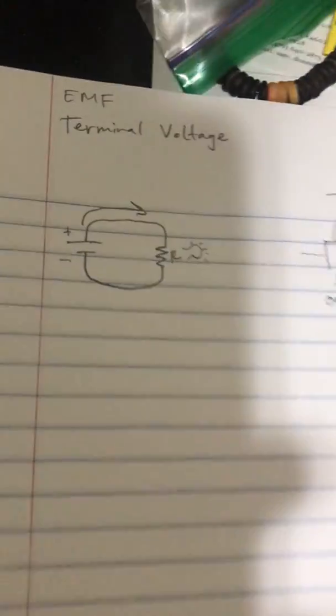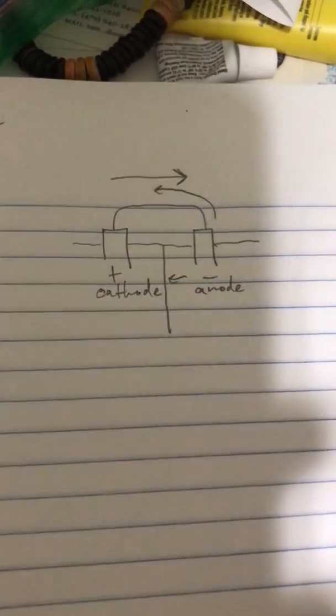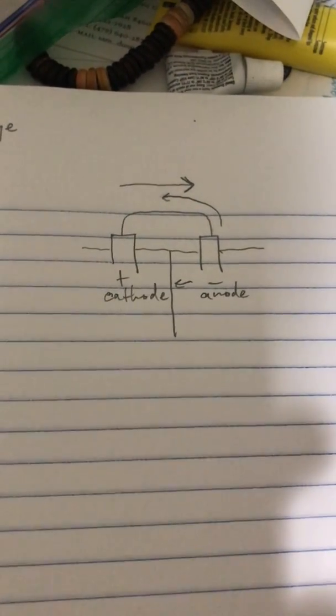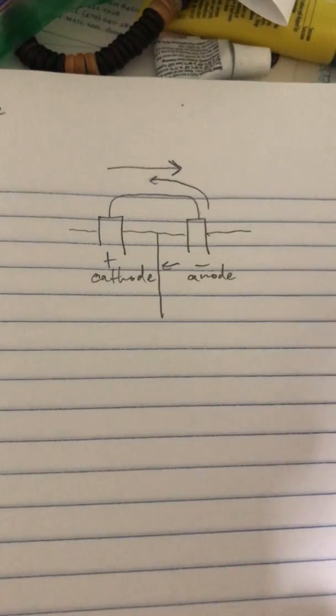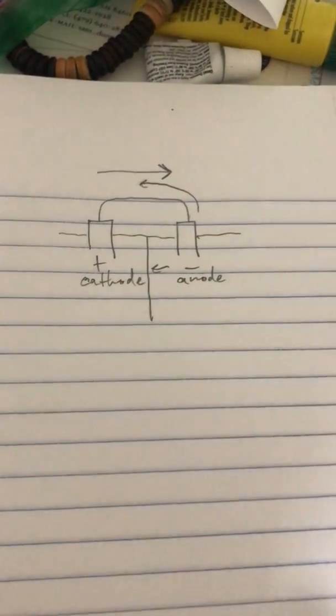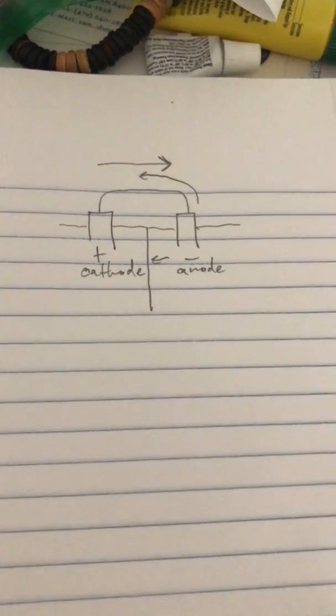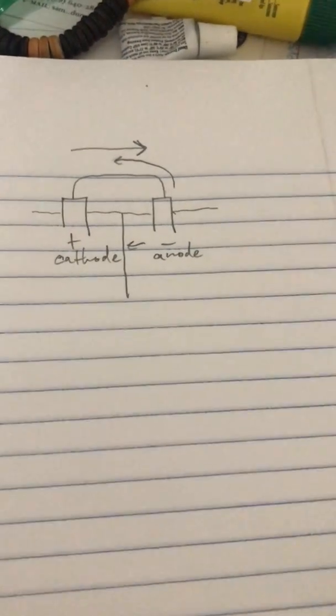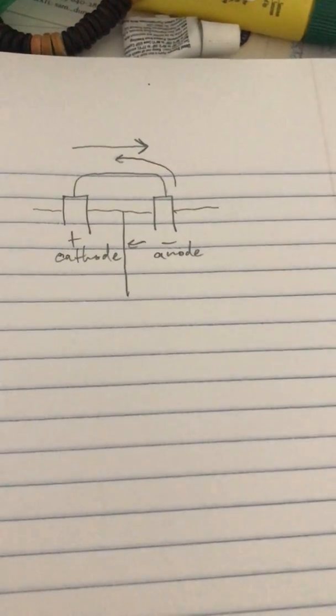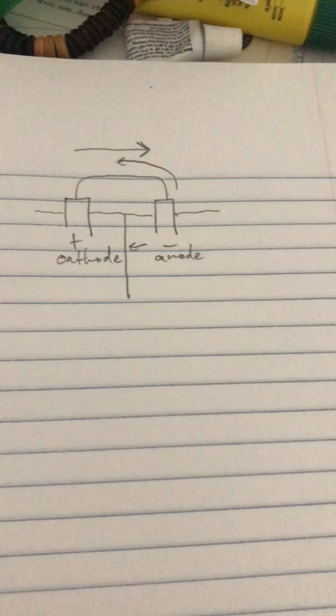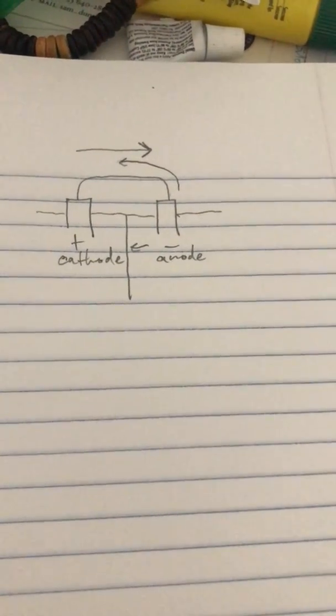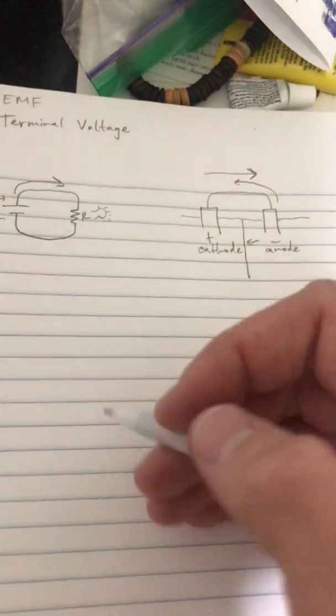So within a battery, all voltage sources have essentially two parts. So they have a source of electrical energy, and that is said to have a characteristic electromotive force or EMF. And then it's going to have an internal resistance. So that's what a battery has.